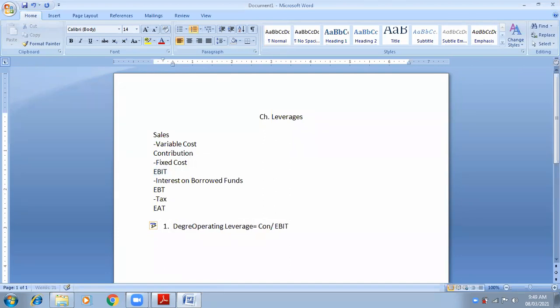In short, it is known as DOL. D means degree, O means operating, L means leverage. Degree of operating leverage, DOL. Okay, what is the formula for DOL?